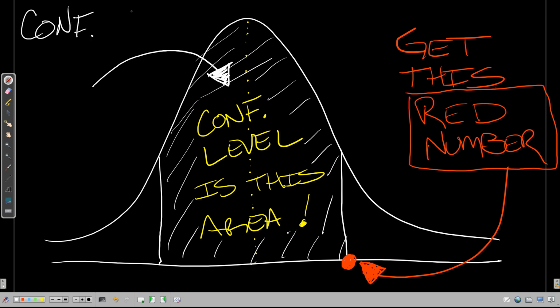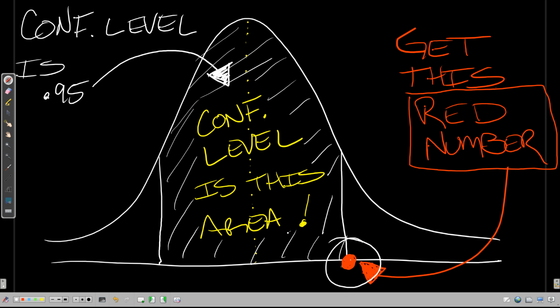So this means that our confidence level is 0.95, 95%. So we're saying put 95% of the area right here in the middle of the normal curve. And whatever number that is right there that you get from having 95% of the area in the middle, that will be our red number.